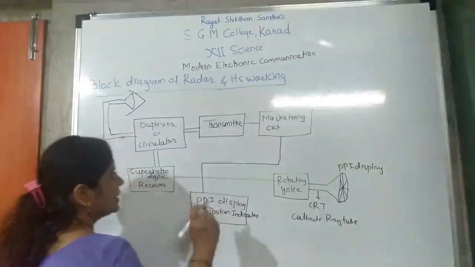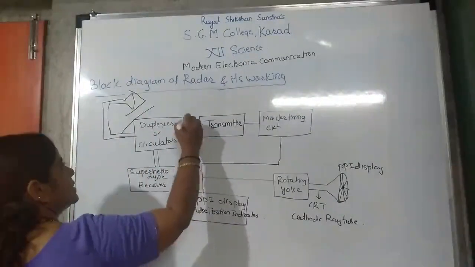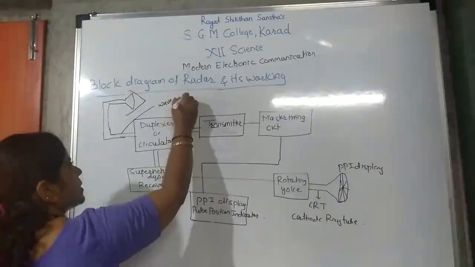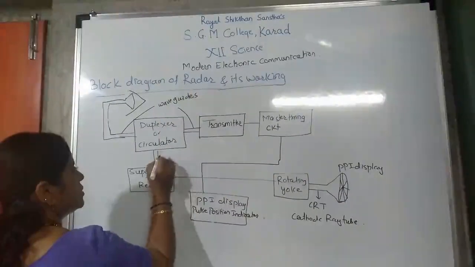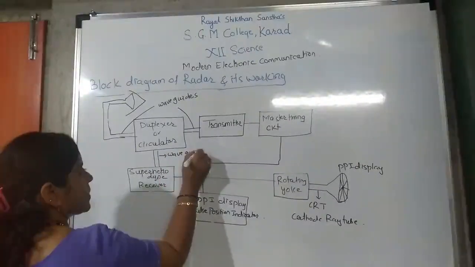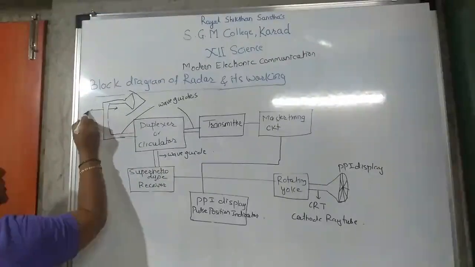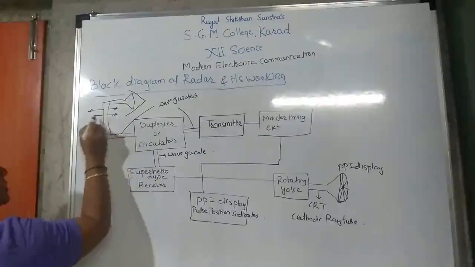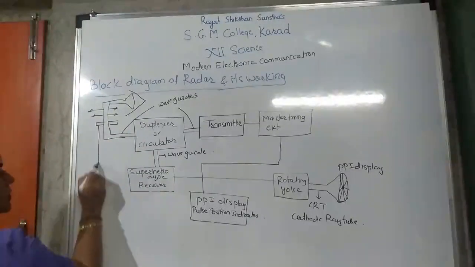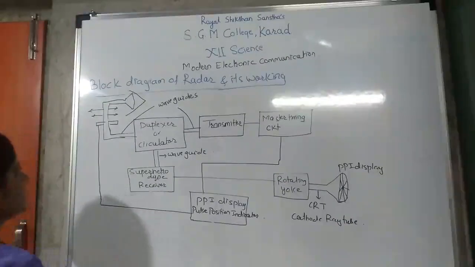Pulse position indicator. See, this and this are waveguides. This is also a waveguide. And this is connected to the PPI display.